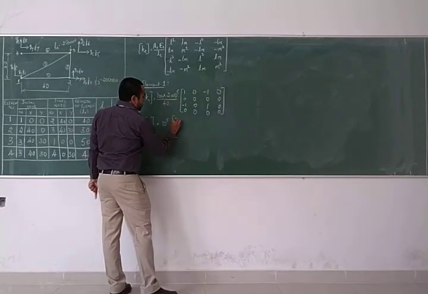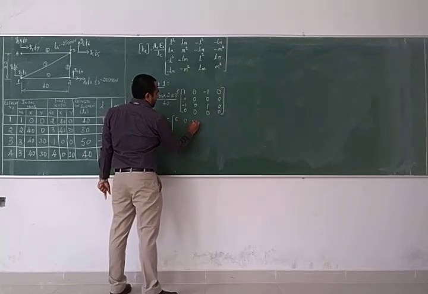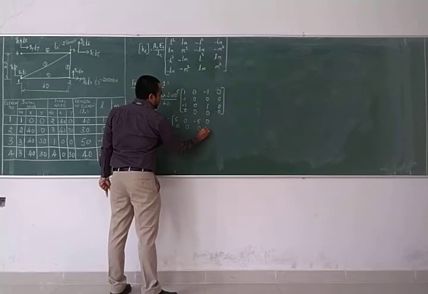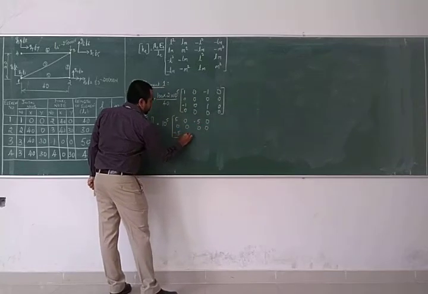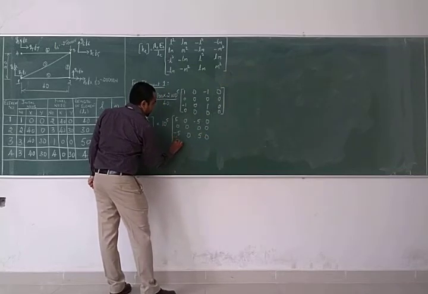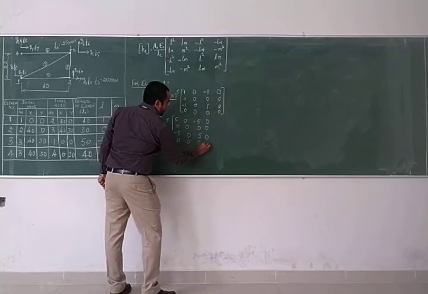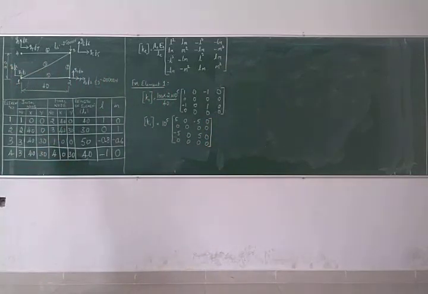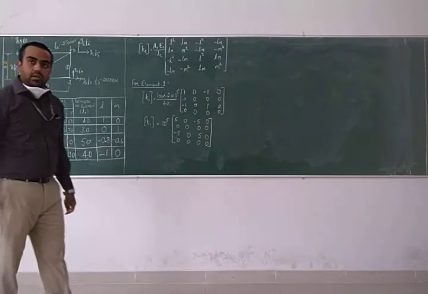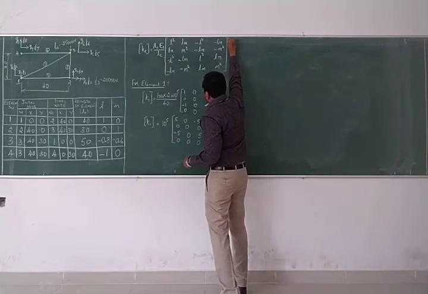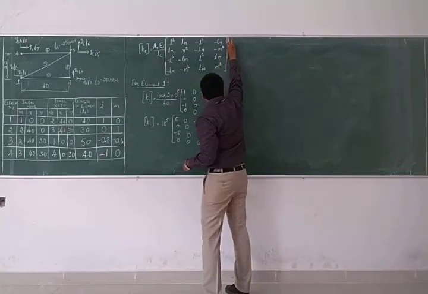So it is 5, 0, minus 5, 0, 0, 0, 0, 0, minus 5, 0, 5, 0, 0. So this completes the stiffness matrix for element 1. So we will proceed to calculate for element 2.